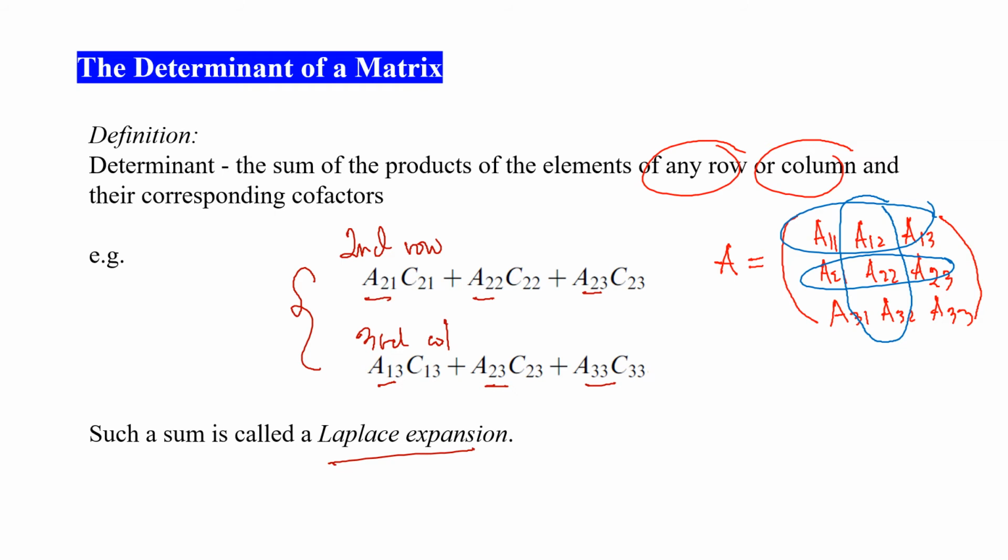Again, to get the determinant, you have the freedom to choose any column or any row. But just remember that the determinant is the sum of the products of the elements of any chosen row or column and their corresponding cofactors.